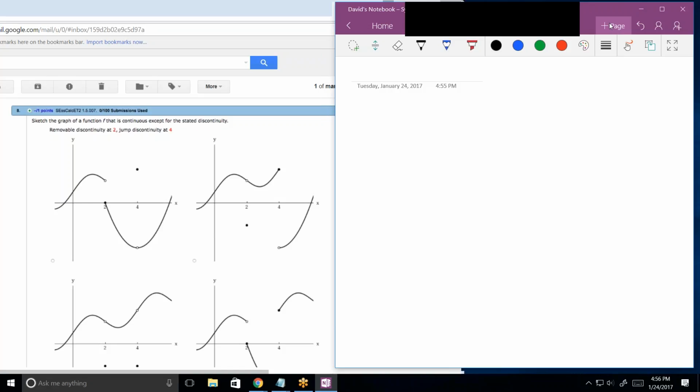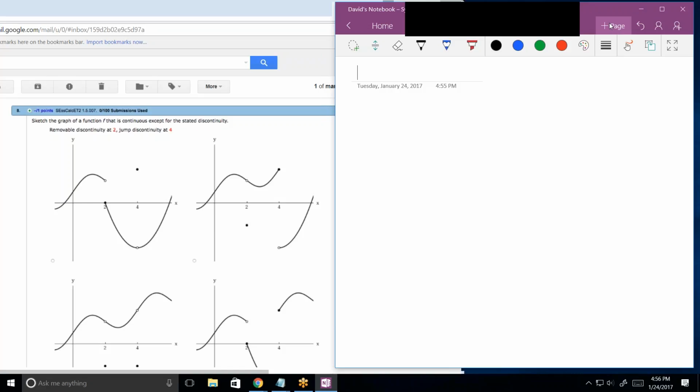Sketch the graph of a function that is continuous except for the stated discontinuity, where there's a removable one at 2 and there's a jump discontinuity at 4. So I think we just have to pick which one represents that. Oh, it's multiple choice.